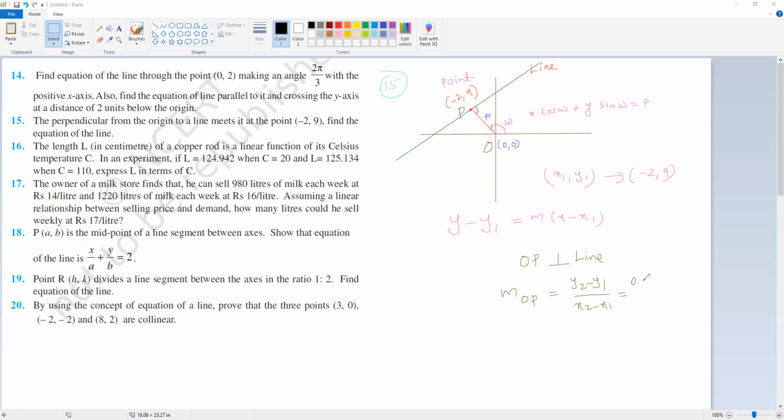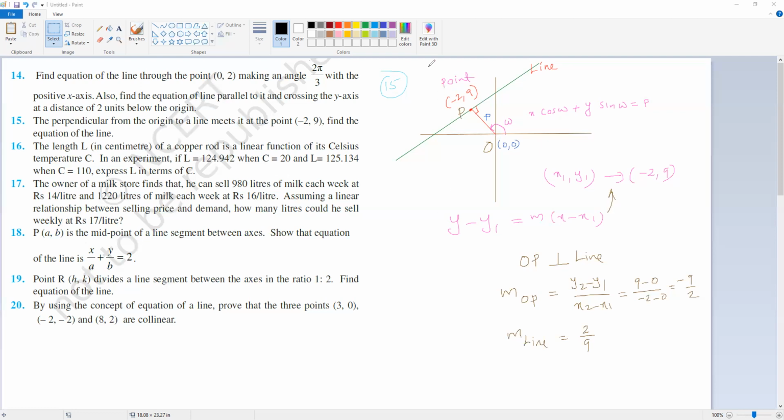So 9 minus 0 divided by minus 2 minus 0, that is minus 9 by 2. But our line is perpendicular, so the slope of our line is the negative reciprocal of this. Negative of minus 9/2 becomes positive, and reciprocal, that is 2/9, right?